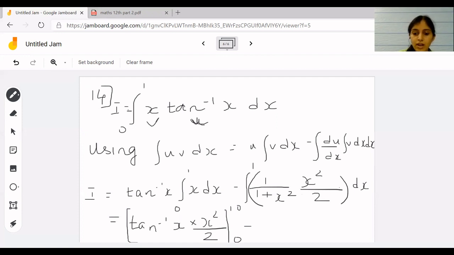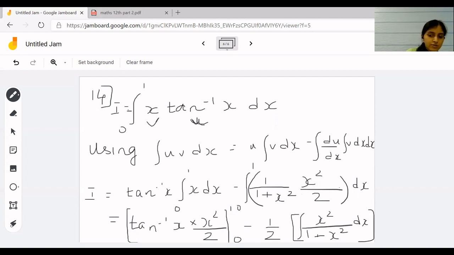Here what we can do is take half outside, and here we have x square upon 1 plus x square in the integration. We have to find its integral value yet. We have not done this integration yet, and of course the limits are 0 to 1. You can substitute the limits for the first function at least.